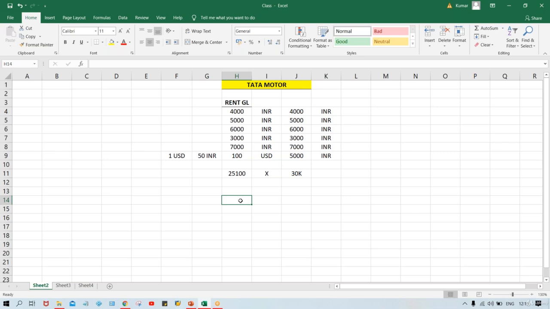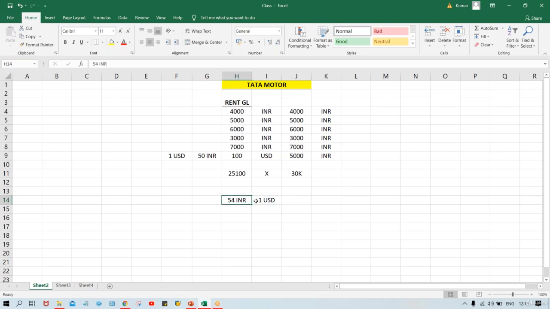At that point of time, the bank will say, okay, if you give me 54 Indian currency, then the bank will give me $1 US.